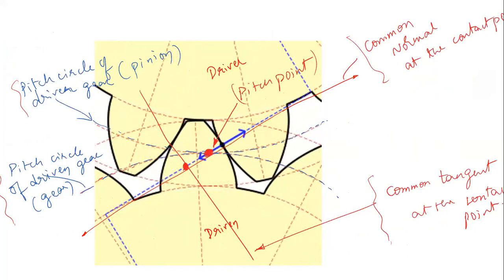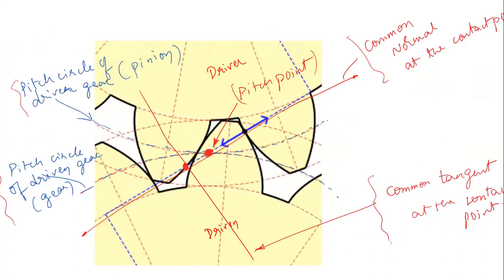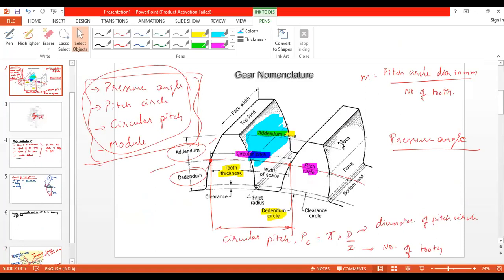Because of the continuous rotation, this face and flank will come in contact with the face and flank of the other gear, and because of the surface friction, the stresses developed on the surface may be more than the endurance limit. This leads to the formation of pits which continue to grow, resulting in the rupture of the tooth surface.